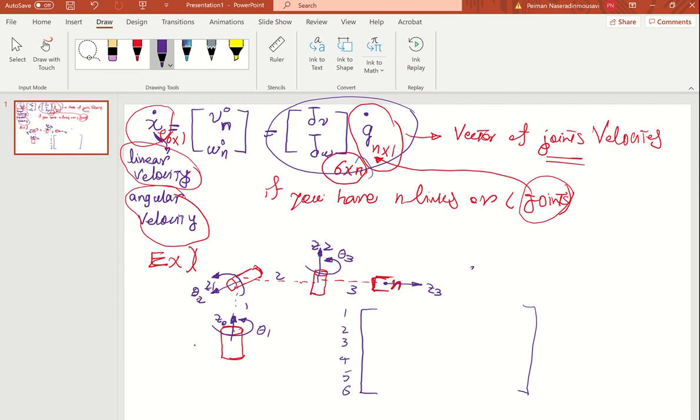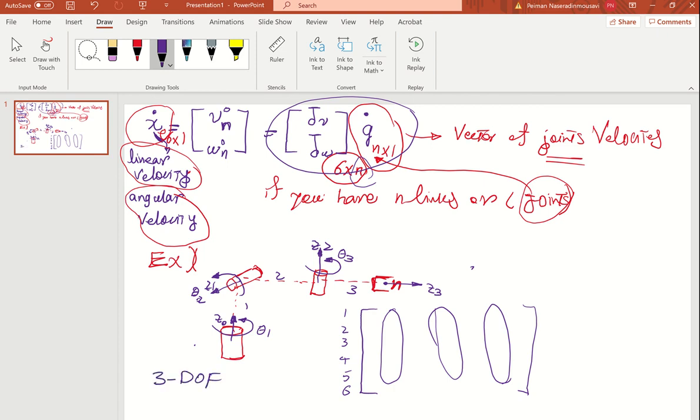And how many joints n? You have 3, so you're going to have 3 columns, because this is a 3 degree of freedom robot.